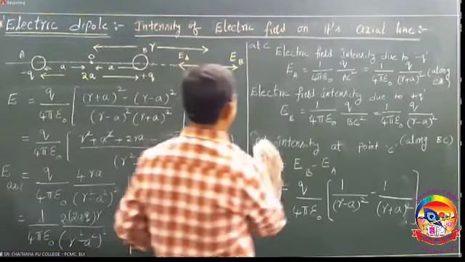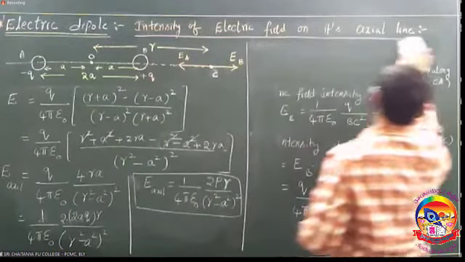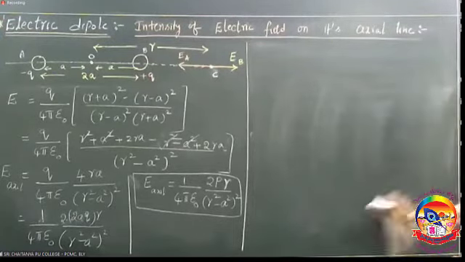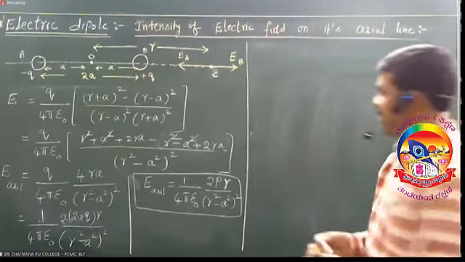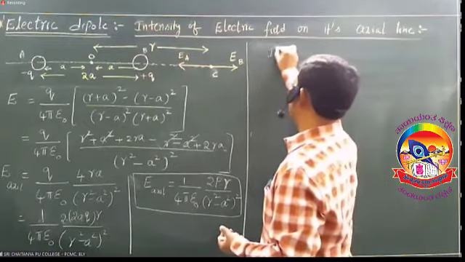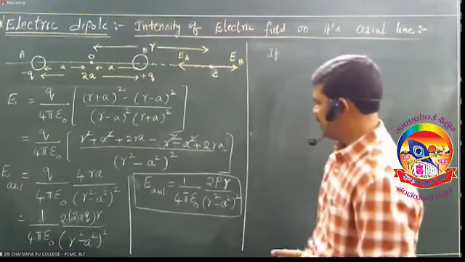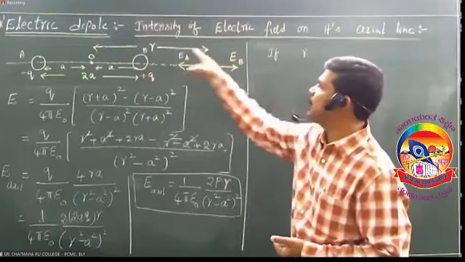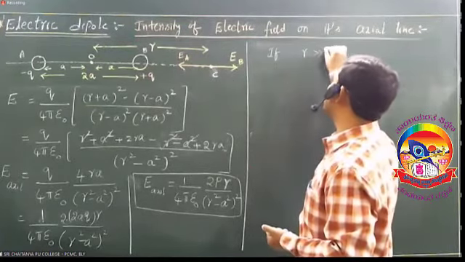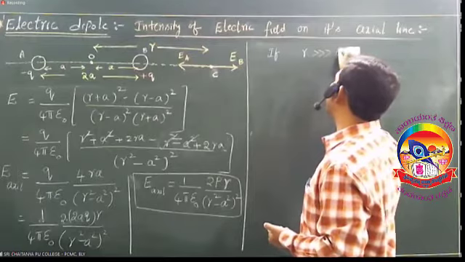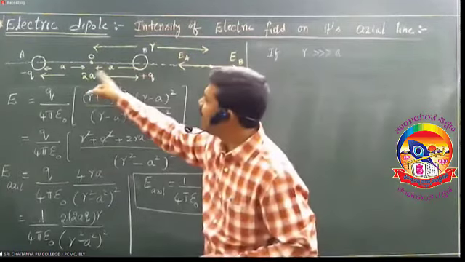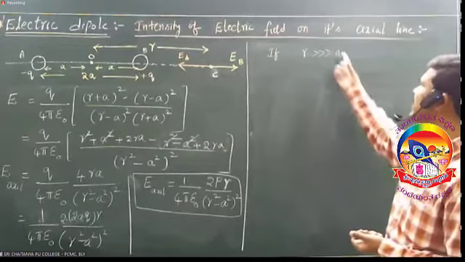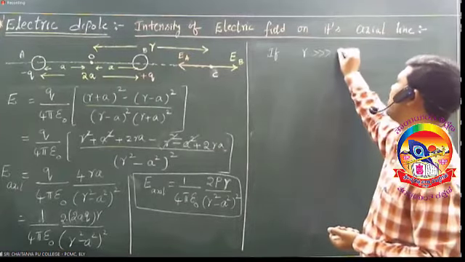Next. If this r, whatever distance we take, is much greater than a, this a or 2a, sometimes they give 2a as the length of the dipole.